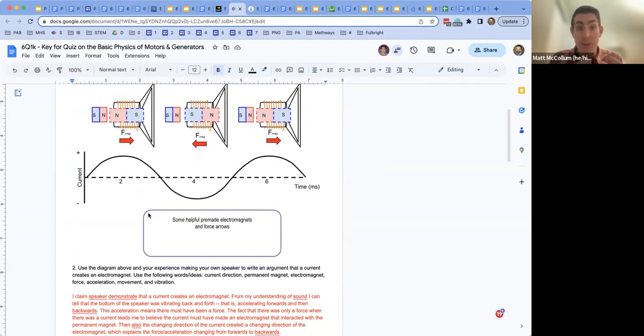That allows students to get back to that idea of north-south pushing and pulling, and connect those two things, the speaker, which is a motor, and a generator, which is creating electricity. And of course, we want students using diagrams, charts, and graphs to be able to explain the big ideas of science.